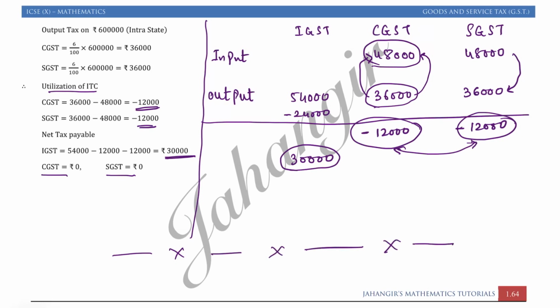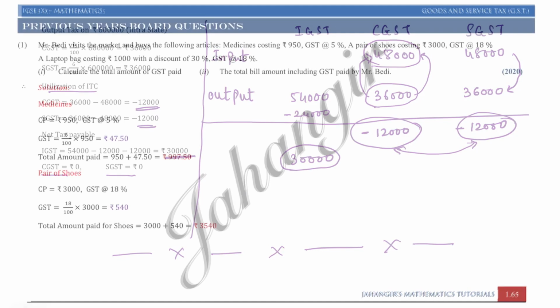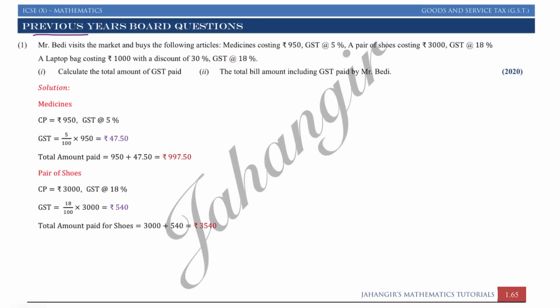Exercise part is done. Now we will start with previous board questions. In this we have only one question. In 2020 it was asked. 2020 is the first year for GST. Mr. Bedi visits the market and buys the following articles.